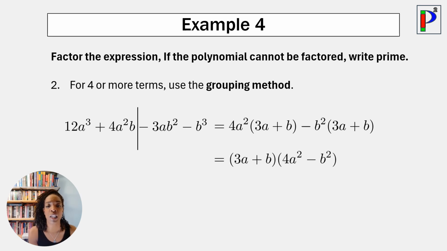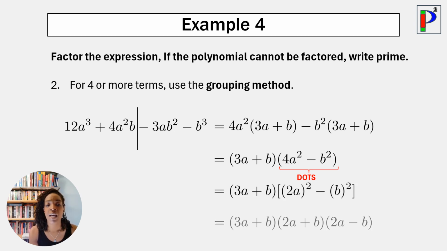Oh, this is looking really good. So I drop it down, 3a plus b times 4a squared minus b squared. But I also can see I have a difference of squares here. So 4a squared minus b squared can be factored again as 2a plus b and 2a minus b. Remember, just keep drilling down until you can't factor anymore.